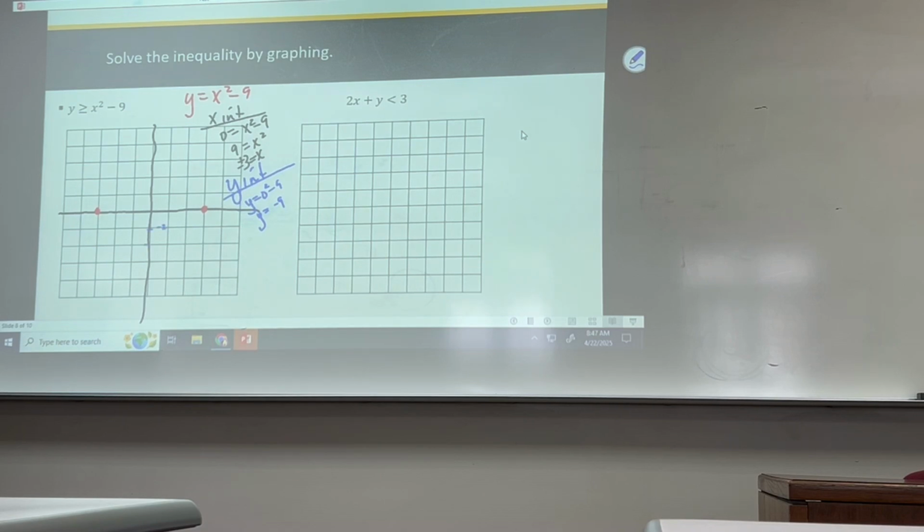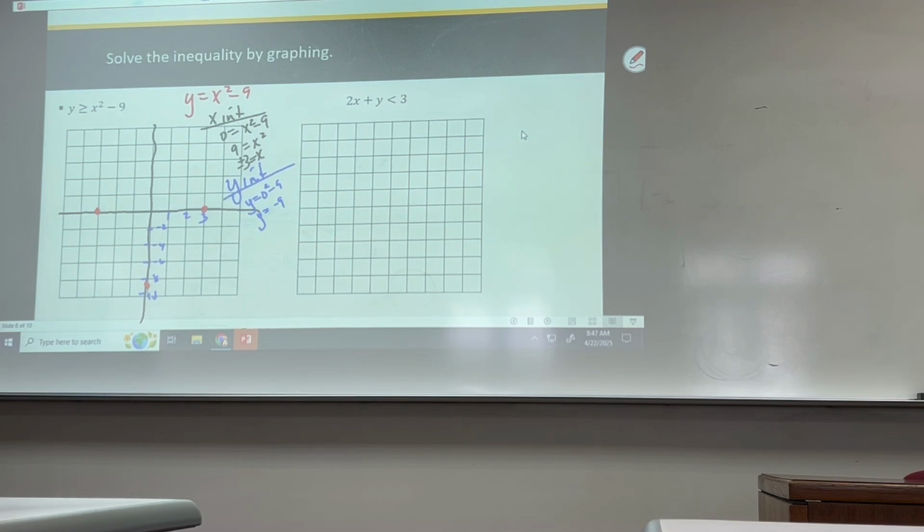Negative 2, negative 4, negative 6, negative 8, negative 10. Now these I count by 1s. So the y-intercept's at negative 9, so maybe about right here. We mentioned this when we were graphing parabolas. The vertex is always halfway between the x-intercepts. So wouldn't that be your vertex?